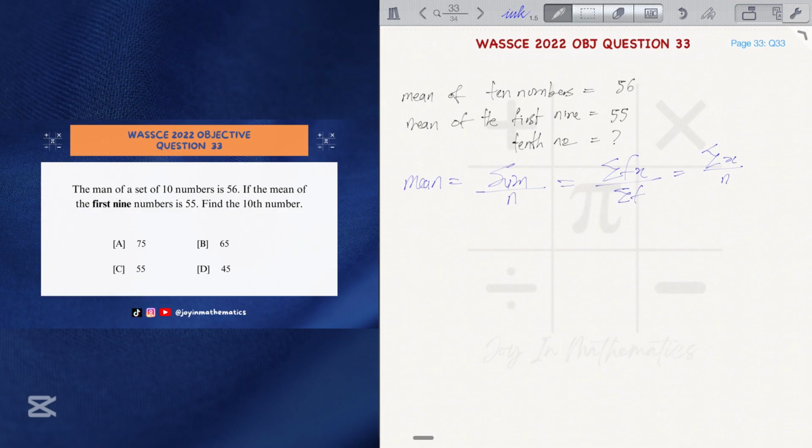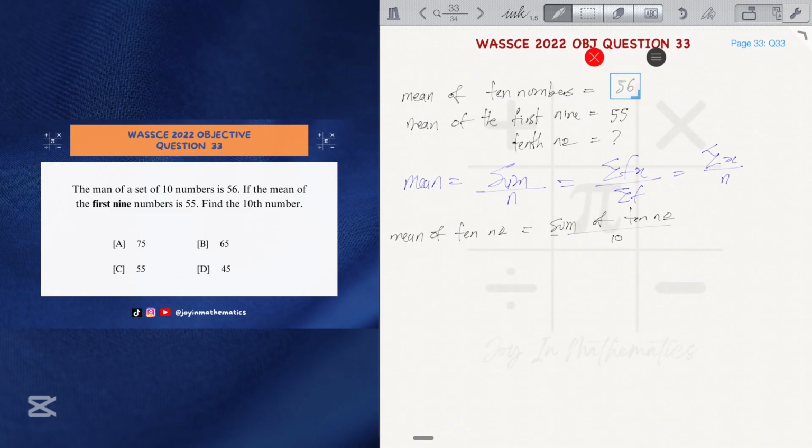So we are saying indirectly that the mean of 10 numbers is equal to the sum of 10 numbers divided by 10. We are saying that the mean of 10 numbers is 56.